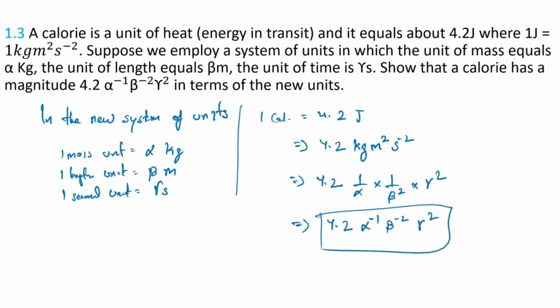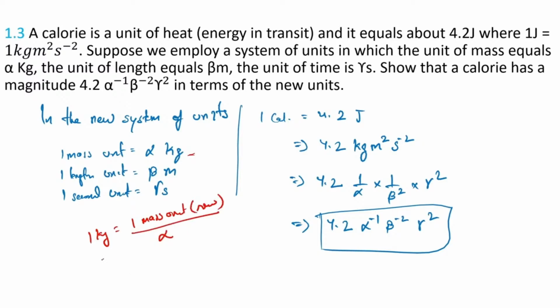So here we know that 1 kilogram in the new system would be equal to 1 mass unit in the new system divided by alpha kg.